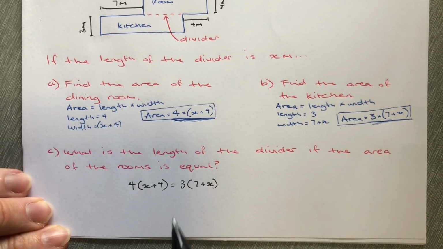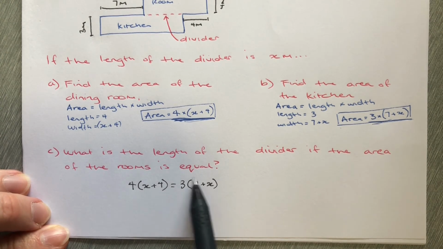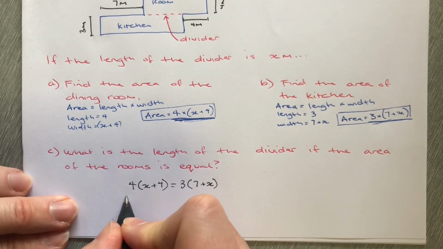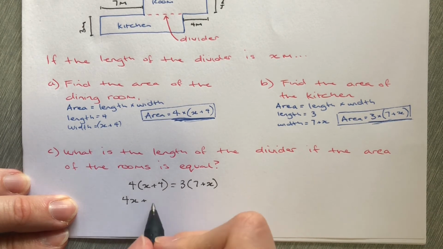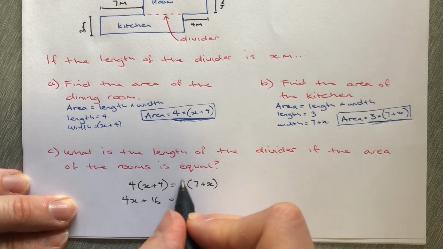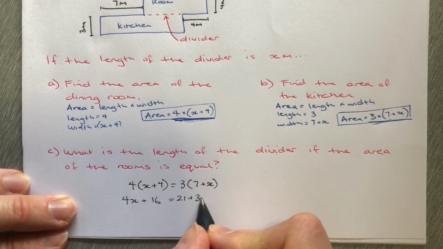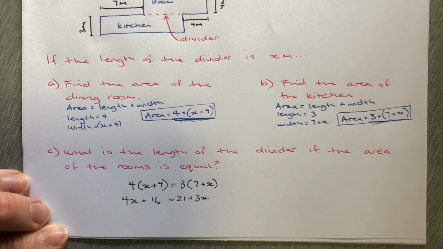Now can we see that we have a set of brackets to expand, a set of brackets to expand? So let's do that. 4 times x and 4 times 4, so 4x plus 16. 3 times 7, which is 21. 3 times x, which is 3x. Cool, so we've expanded those brackets. Now we have pronumerals on both sides. See how we keep on having to do the same sort of things?